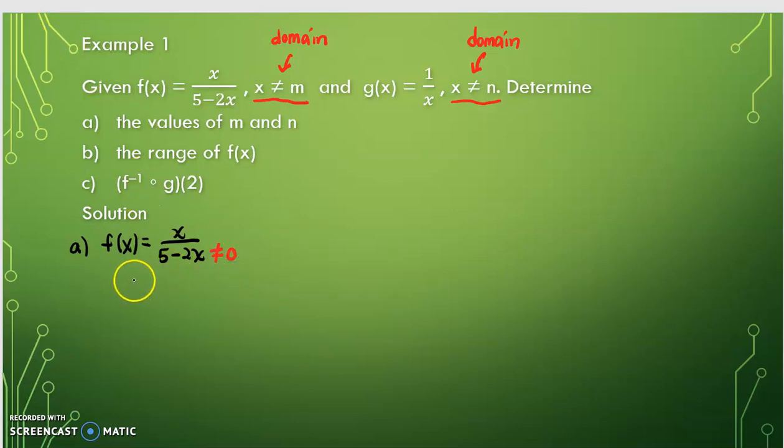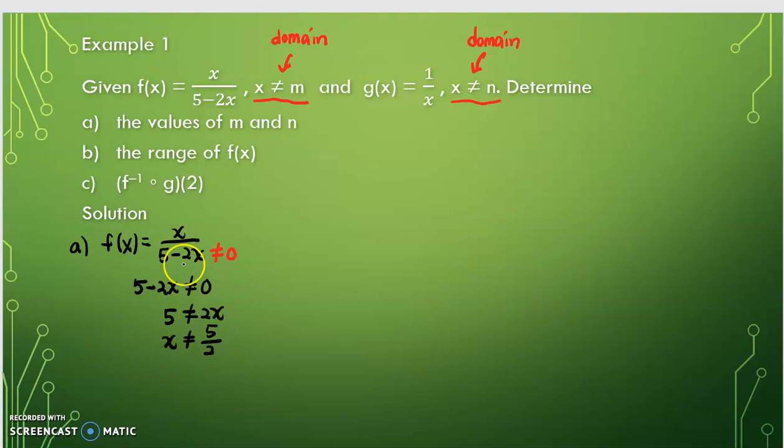So next step, 5 minus 2x cannot equal 0. So 5 cannot equal 2x. So x cannot equal 5 over 2. I divide 2 to the left hand side, so it is 5 over 2.